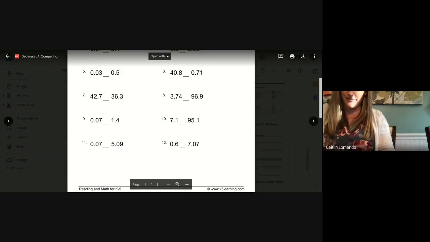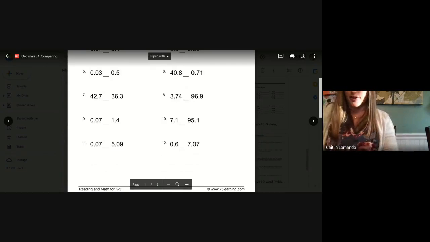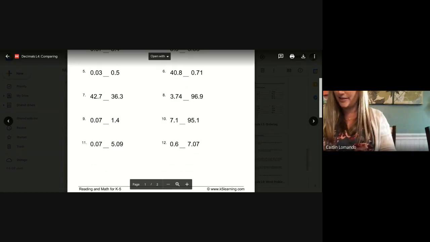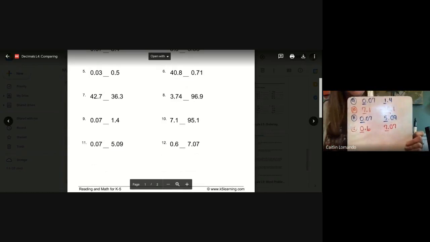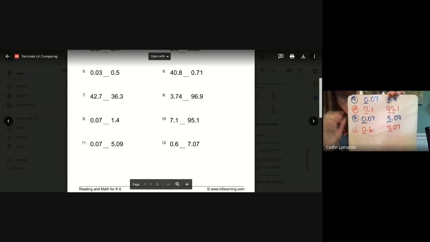For number 11, I have 7/100 versus 5 9/100. And for number 12, I have 6/10 versus 7 7/100. So let's go ahead and fill in the correct symbols for our last 4 problems. Let's pause here.